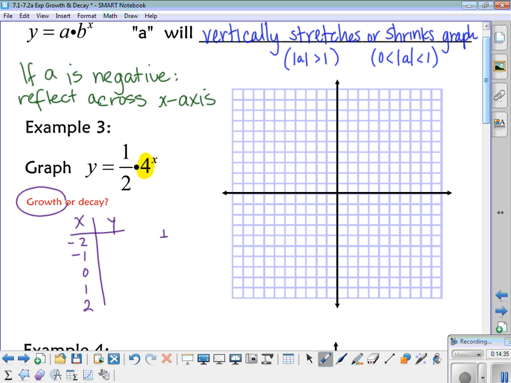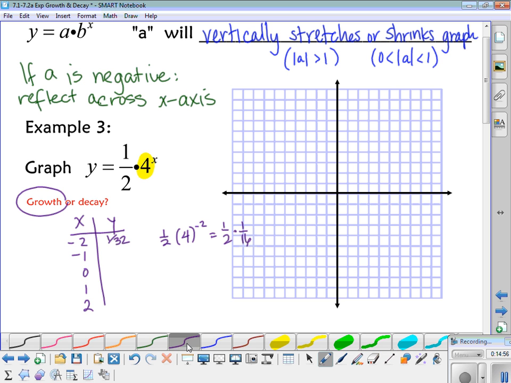All right, so if I put in a -2, I've got 1/2 times 4 to the -2 power. That's going to be a pretty small fraction. I don't think I want to graph that one, because that's 1/32. I don't think I'm going to fit that one on my graph. That's going to be pretty hard to differentiate.